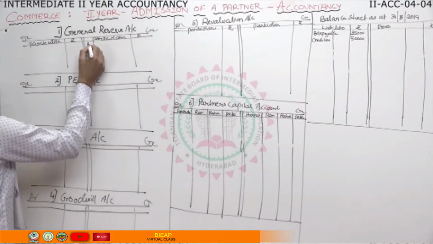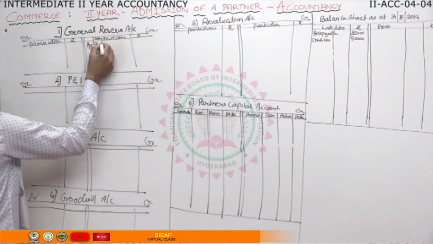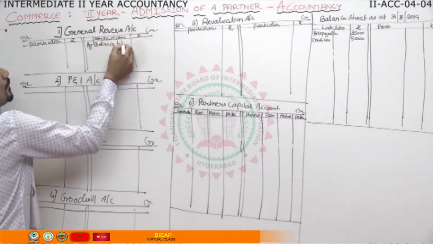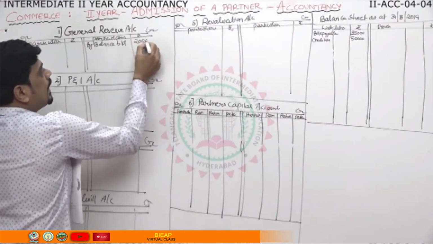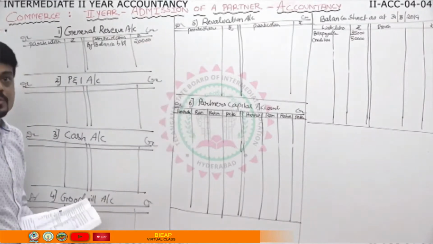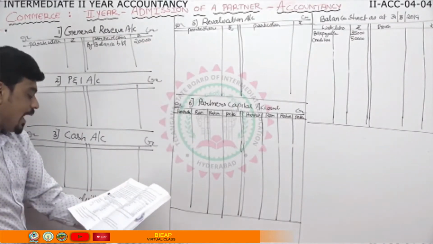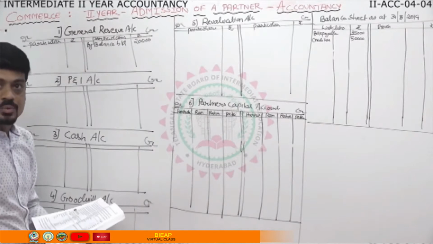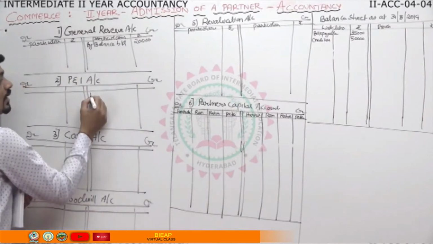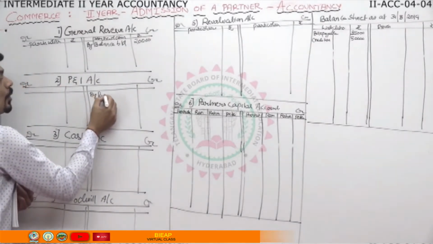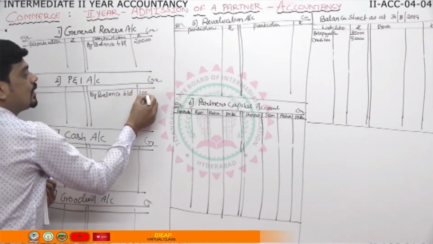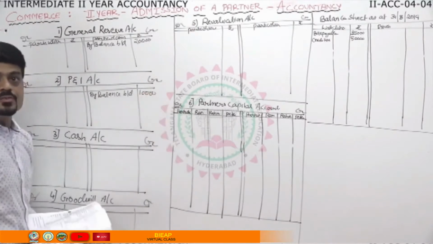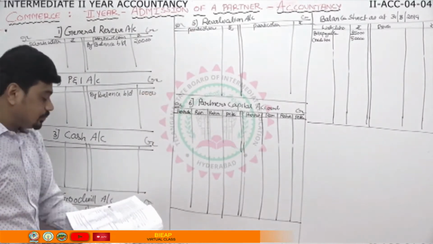So we'll come to the general reserve account, credit side, by balance brought down, and the amount is 20,000. Similarly, you have the profit and loss account. Again, profit and loss account is an accumulated profit, so it will show a credit balance. So I wrote on the credit side, by balance brought down, 10,000.